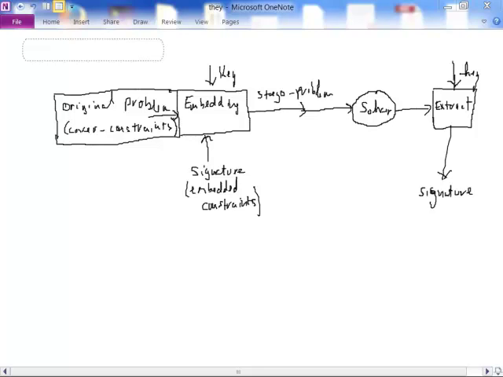However, you can regenerate those embedded constraints with the secret key and the signature and show that they're not actually random. So you can see that there's cryptography involved here. For example, one-way hash functions or stream ciphers can be used to generate the embedded constraints, and there are several approaches proposed in the literature to detect the embedded watermark.